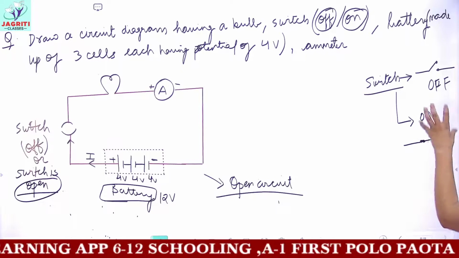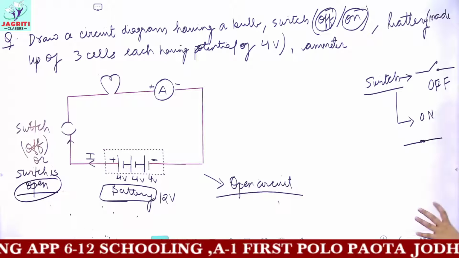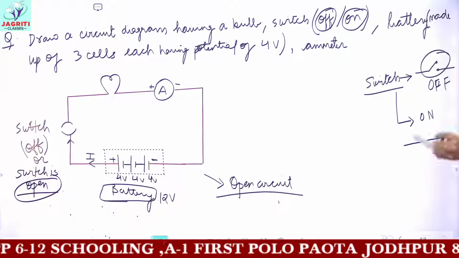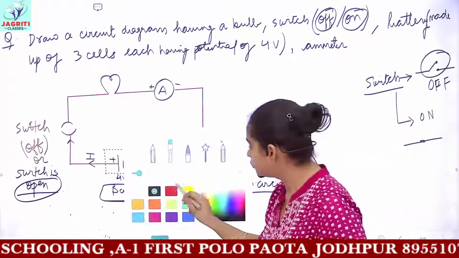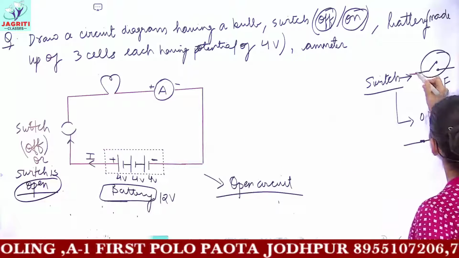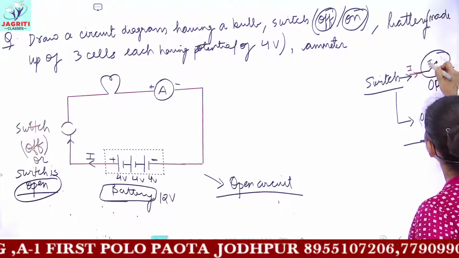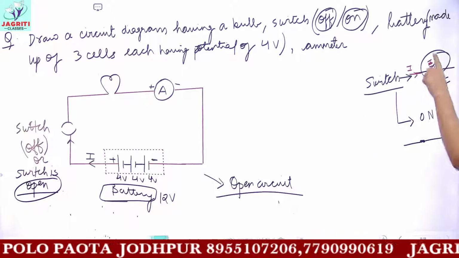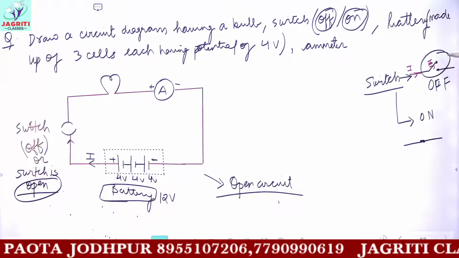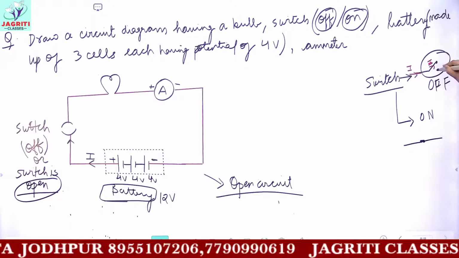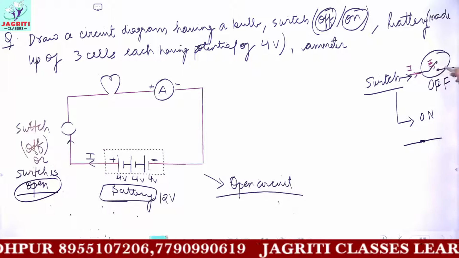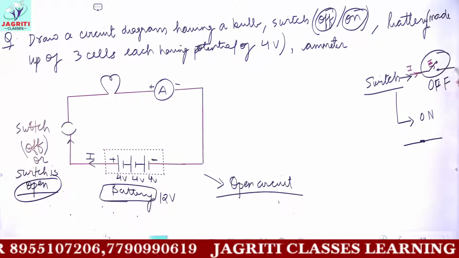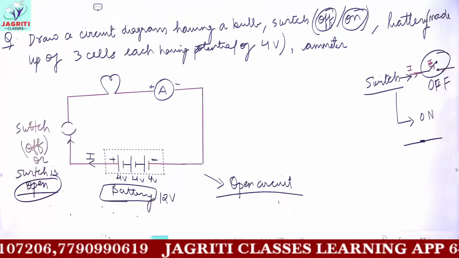Okay, so in this you can understand that when the switch is off, the current would flow through the wire of the switch, and the current needs a continuous path to flow. Because here you have a break point, the current cannot jump from this point to this point, and hence when the current would not reach the next point, it would not be able to flow through the next wire.